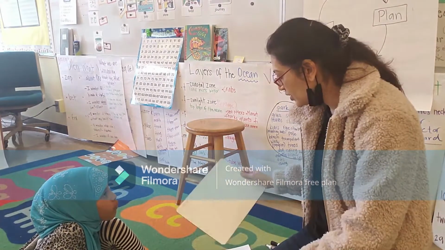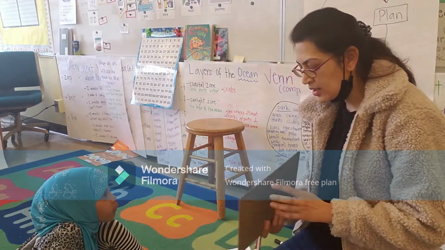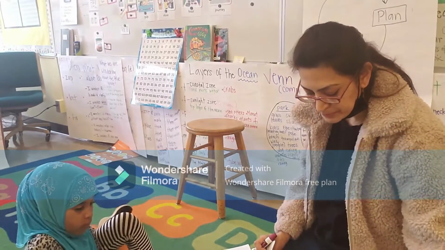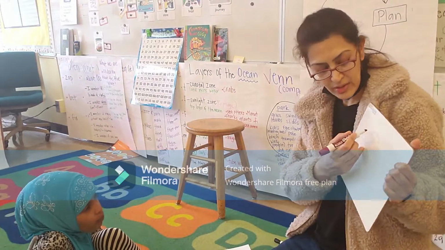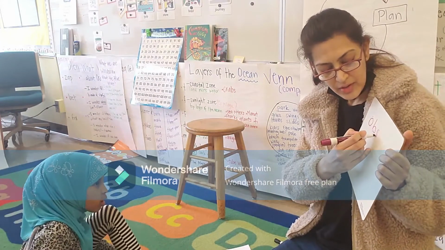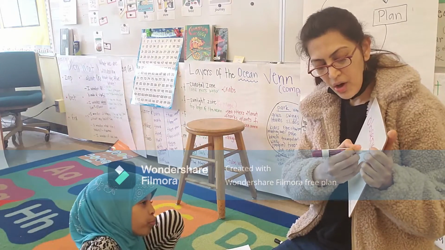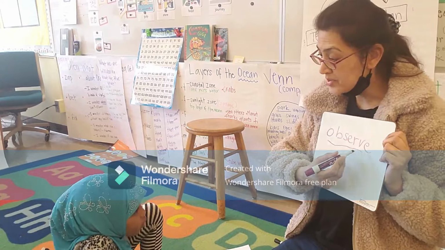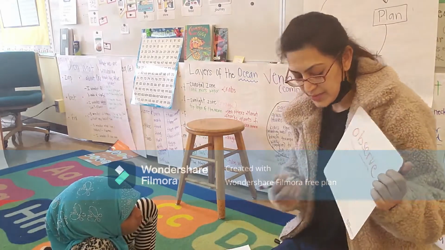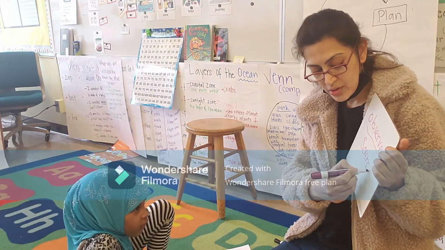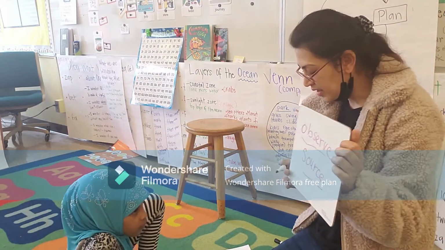So we will write down these words here so that you can understand better. Observe, right? That is the word observe, that the scientists observe. Another word I write over here is source.